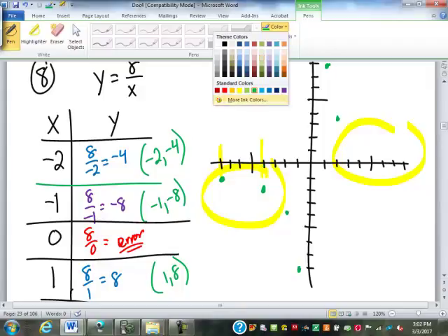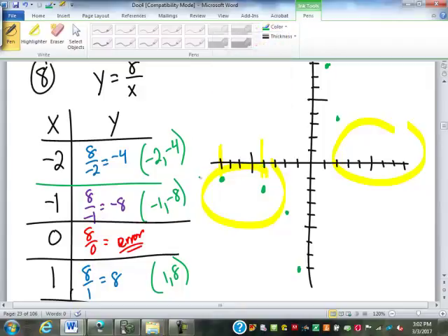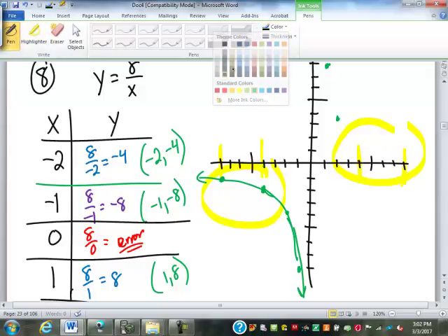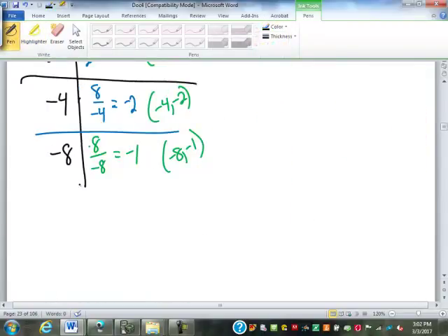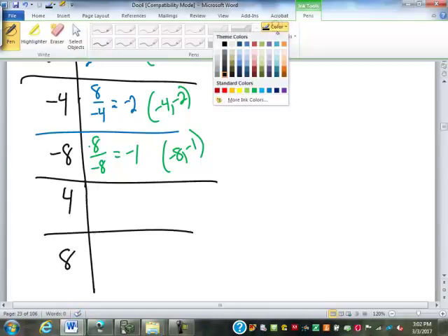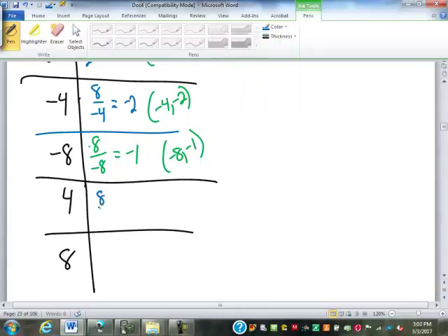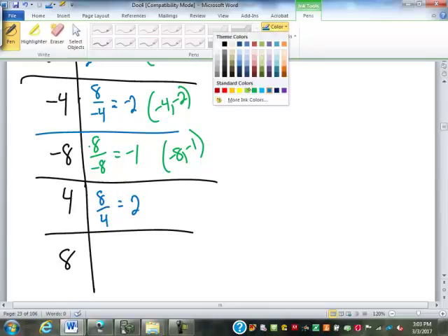So that's showing us that on this side of the graph, it appears to be giving us a curve, something like this. Let's see if we're getting the same thing over here. So on the right side, I'm going to use x is 4 and x is 8 and see what happens. When x is 4, what do we get for y? 2, good.